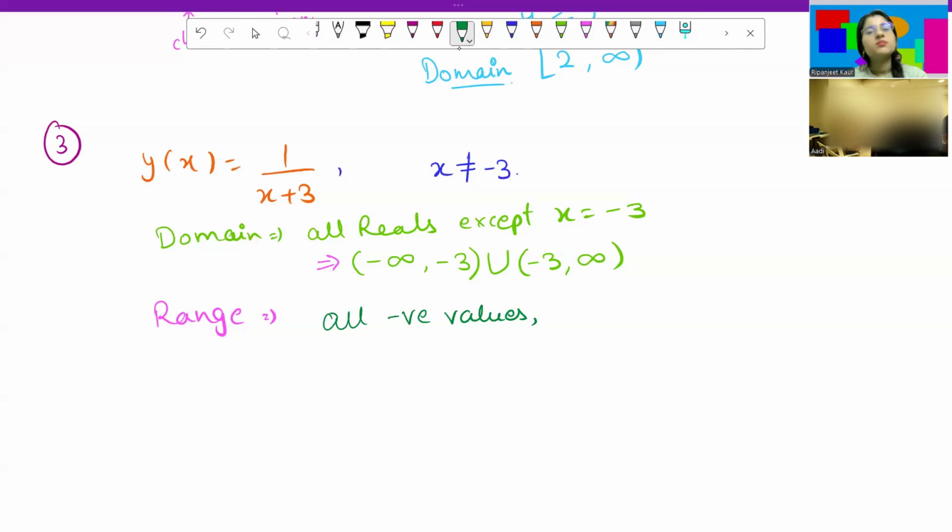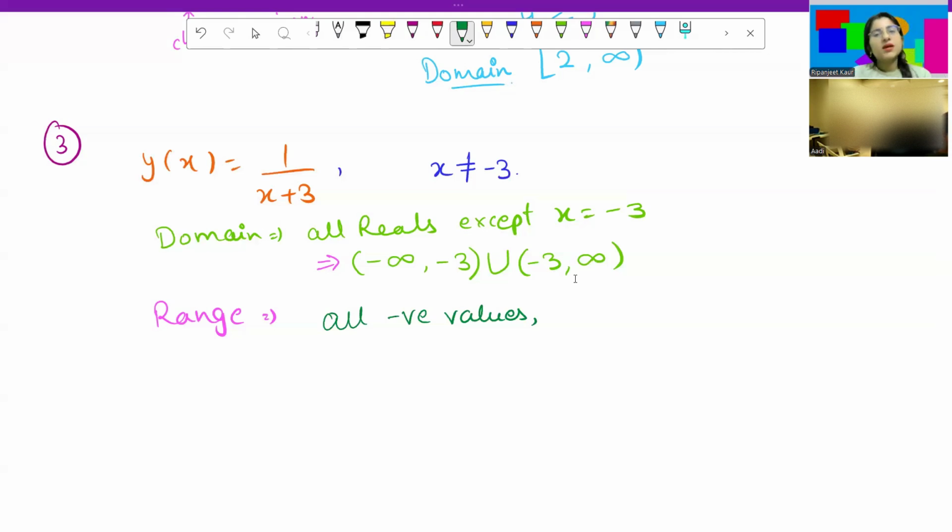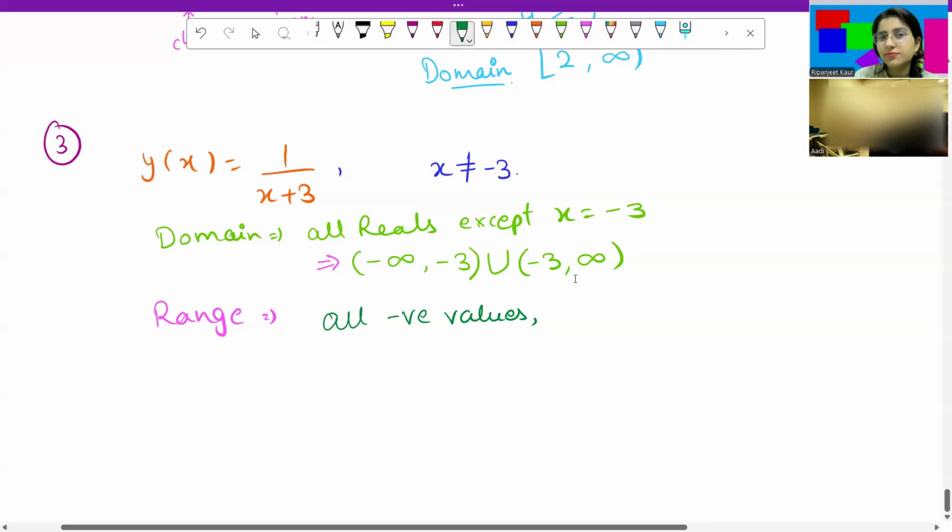Can it be 0? No. And why do you think it cannot be 0? Because 0 is undefined.